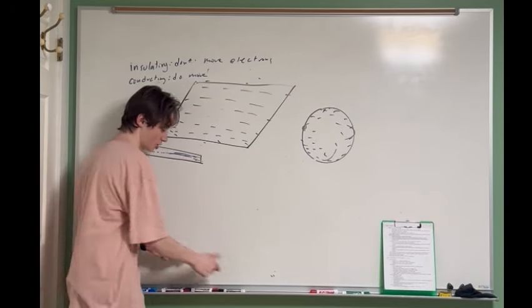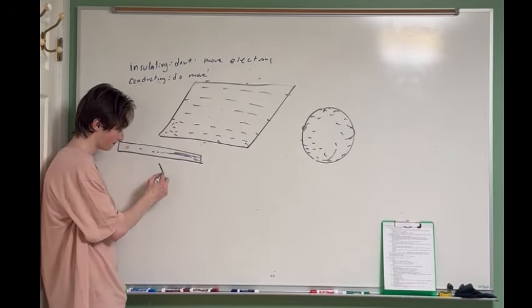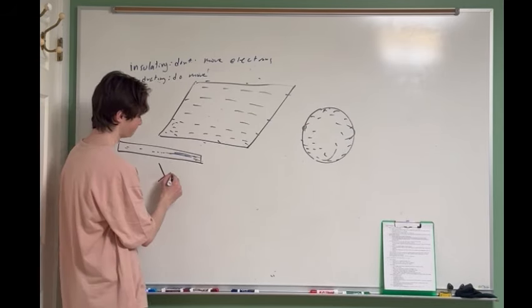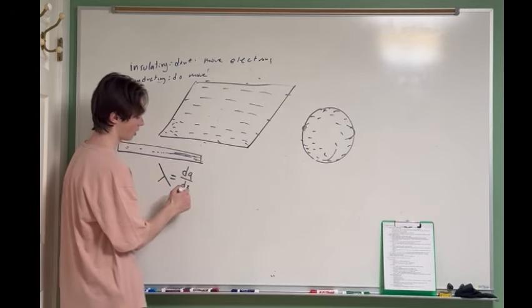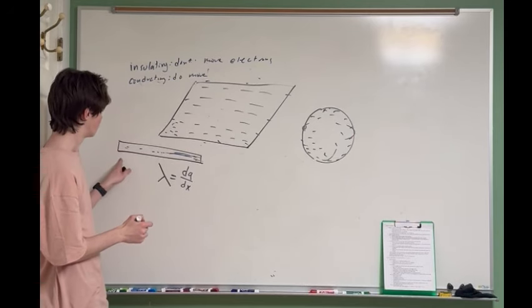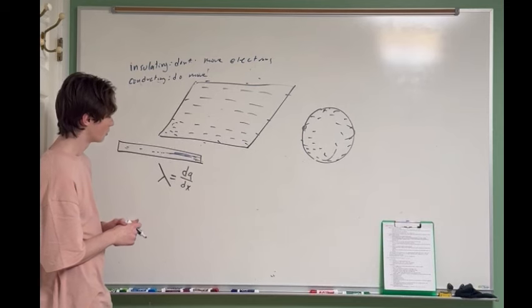So we can describe this charge distribution with the charge distribution formula. Lambda represents a linear charge distribution, which is equal to dq/dx. Let's use x. It's the amount of charge per unit of length of the rod.